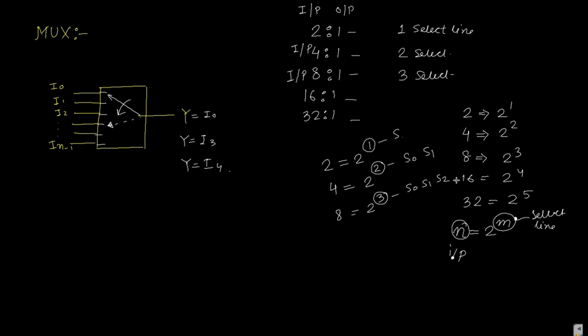So the question can be: we have to make the full adder circuit using a 2:1 multiplexer. So you focus on the 2:1 multiplexer. What is a 2:1 multiplexer? In the multiplexer, the shape is a rectangular chip.